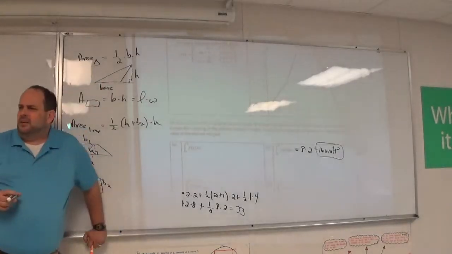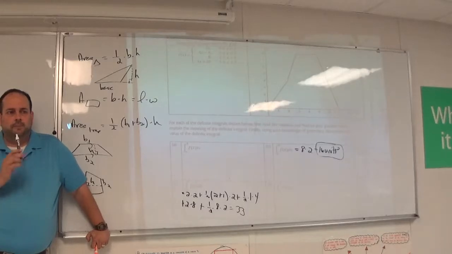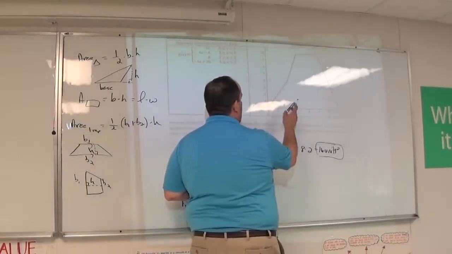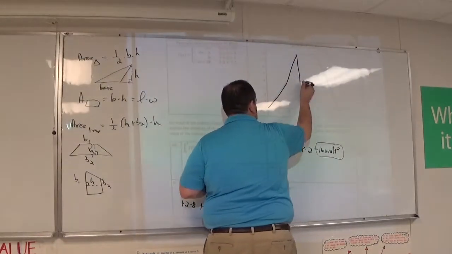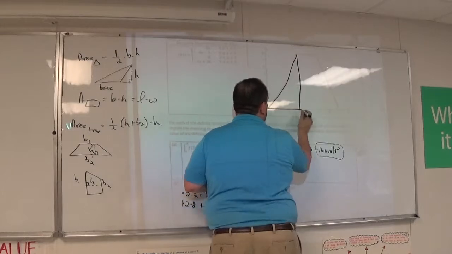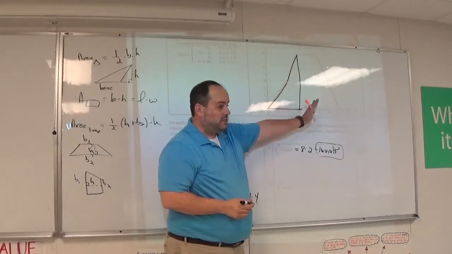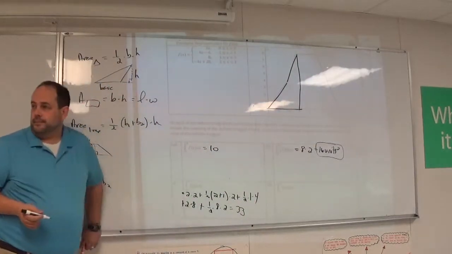Anybody notice anything different? Yeah, it's backwards from the first one. In the first one, I'm asking you to find the area underneath the curve f of x and the x-axis from x equals 0 to x equals 3. And in that case, we came up with 10.